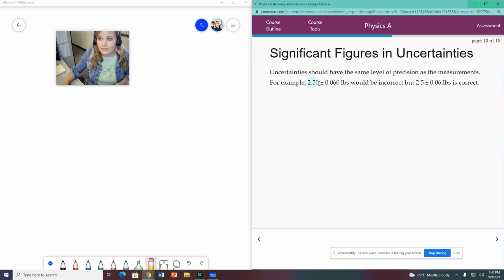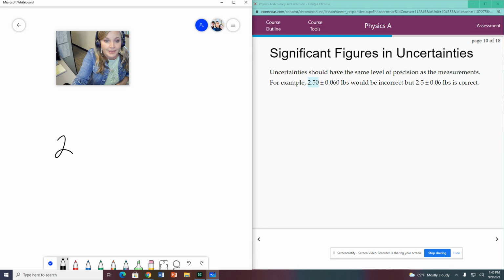So our measurement here is 2.50, which gives us 2 digits to the right of the decimal. That's the precision, 2.50. If we follow the rules, then the uncertainty should be 2.06, which it is. We have 2 decimals of precision, and yes, 2 decimals of precision.